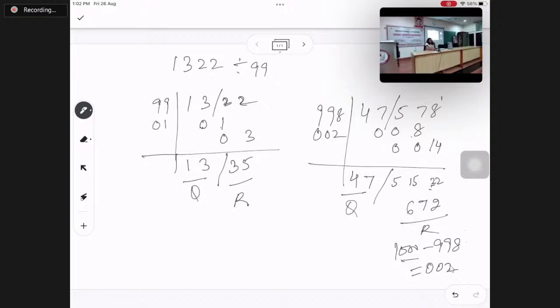Now, in all these questions, I have taken the divisor less than the base. But it is not always possible that the divisor is less than the base. What happens if the divisor is more than the base? Okay, there we shall use the Vinculum or the Rekhank method.